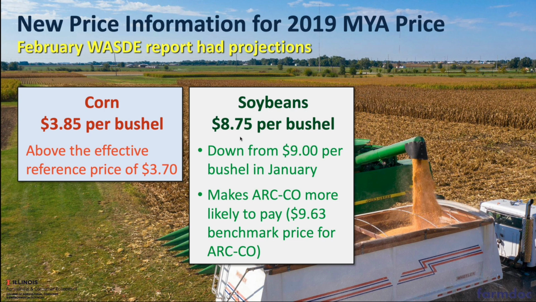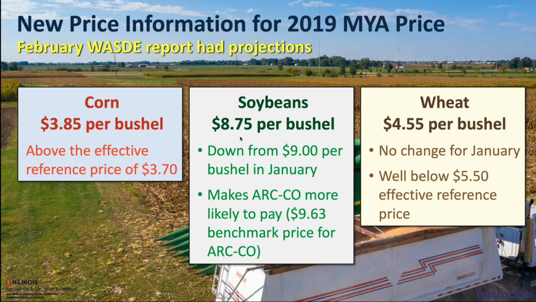So that's why we've said lean to ARC County for soybeans, and then wheat at $4.55, we're well below the $5.50 effective reference price. PLC will make payments for wheat in 2019, and it looks like it will make payments for 2020.